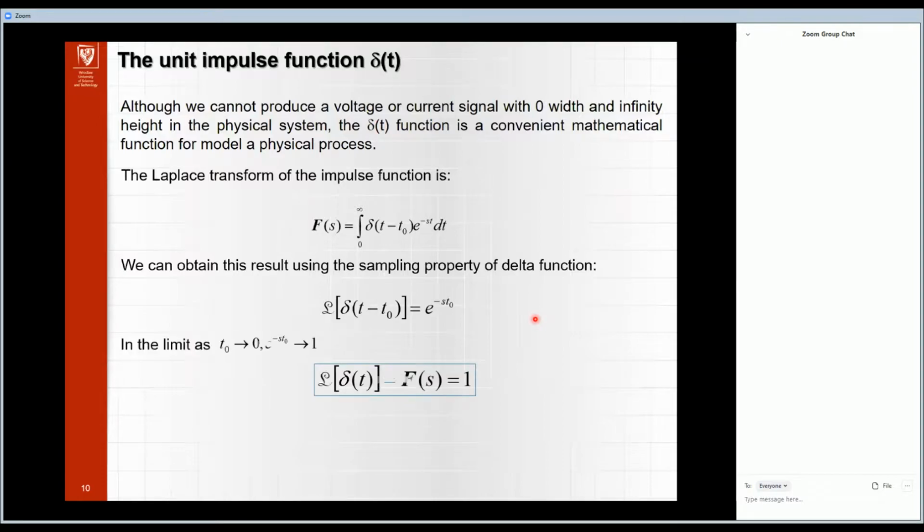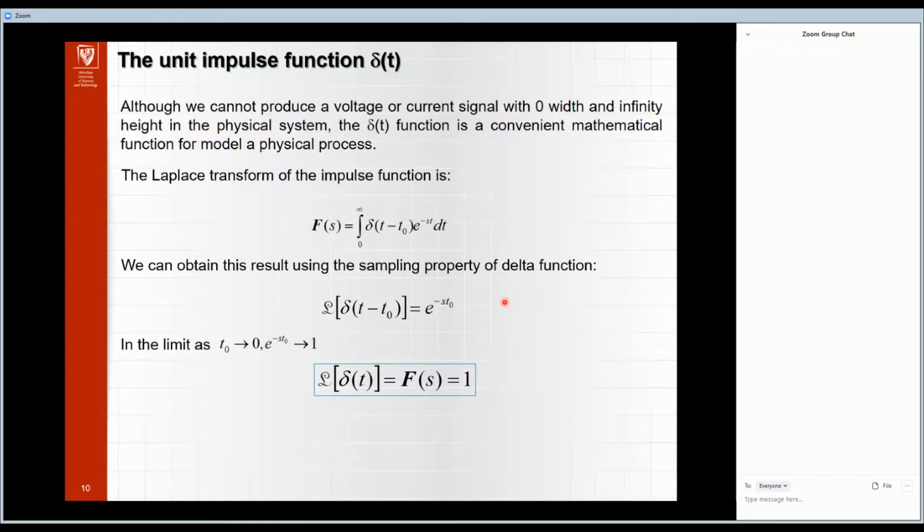Okay, and now we can try to put instead of t0 the value equal to 0. So when we go to 0 with the t0, we obtain that the value e to the minus st is equal to 1.